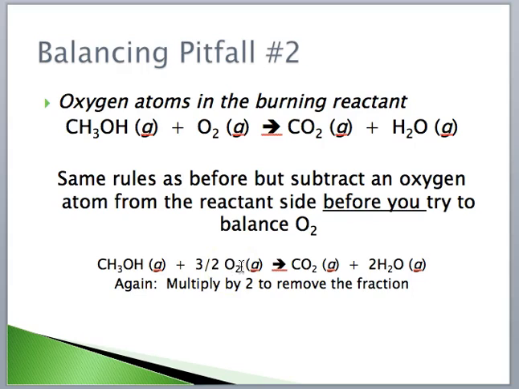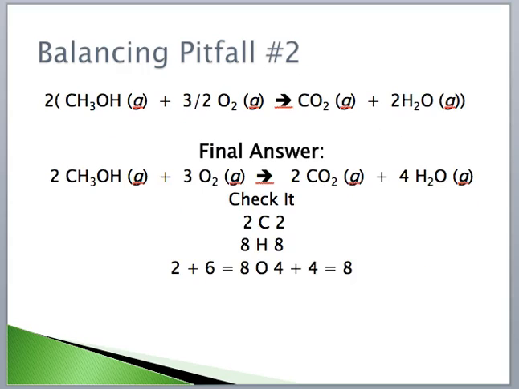And we know now that would balance it with a total of 4 oxygens on the reactant side and 4 oxygens on the product side. So, again, multiply the entire equation by 2 to remove that fraction. And we check it, and we have not wrecked it.